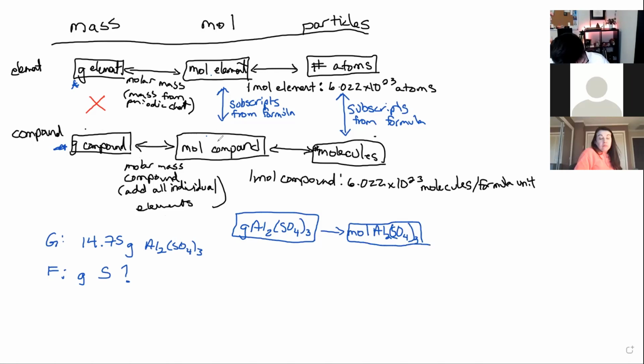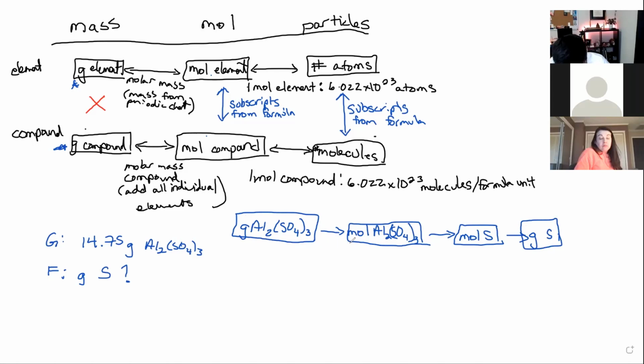Then from there, I can go into moles of the element, right? And what element am I talking about? Well, I'm talking about sulfur. So let's get moles of sulfur. We don't need to worry about oxygen. We don't need to worry about aluminum for this problem. After I get moles of sulfur, then I can work my way back into the gram value and get grams of sulfur. Now, you know how to do each one of these steps. It's just a matter of chaining them together.